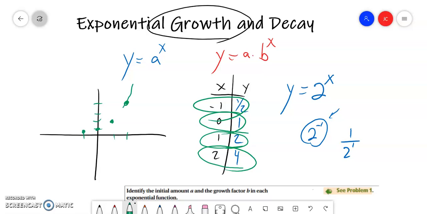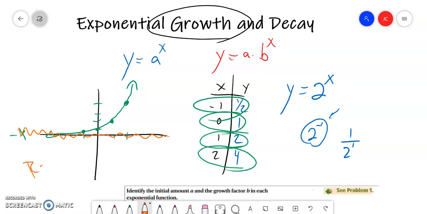And if we connected the dots, our graph would look something like this. And notice that our negative x values, they're approaching what line? If you said y is equal to 0, you're correct. Our function here is never ever going to cross y is equal to 0. So this is actually called an asymptote, and we'll get into that later.